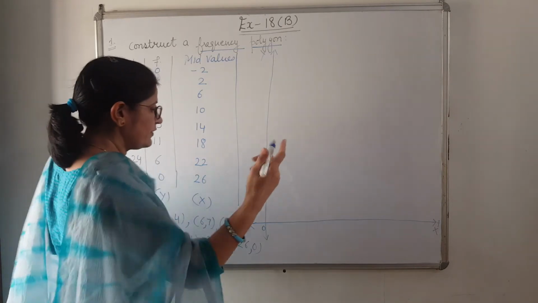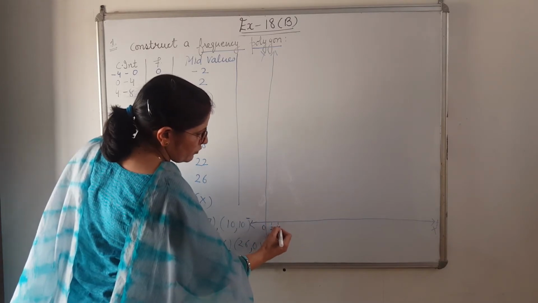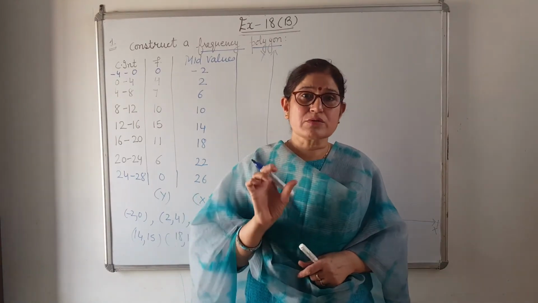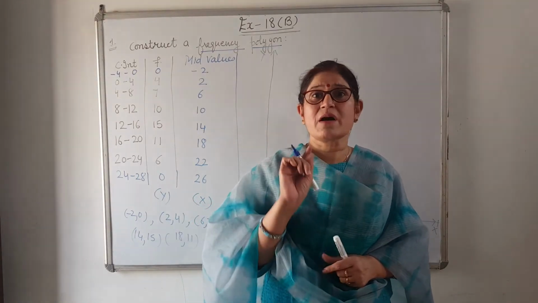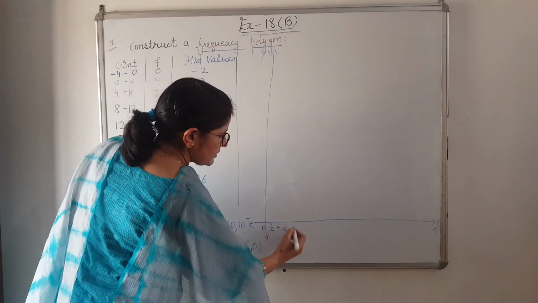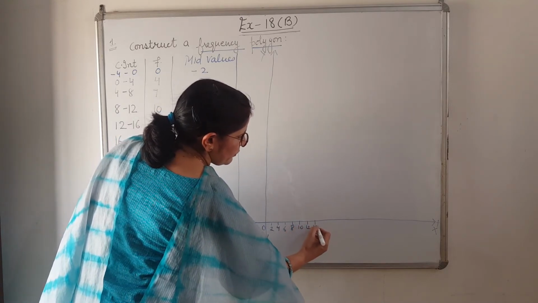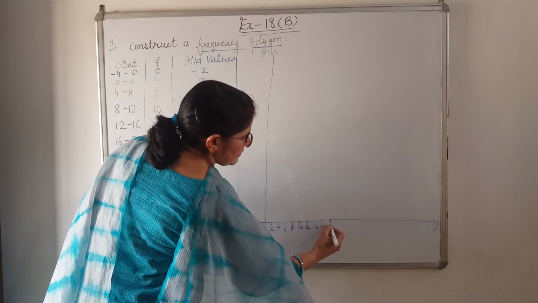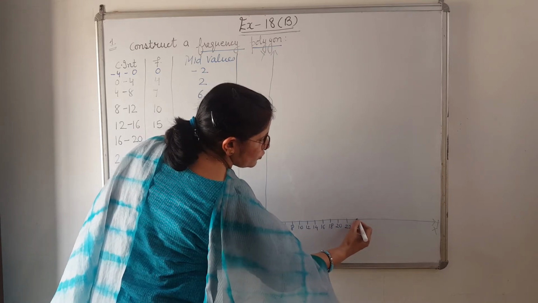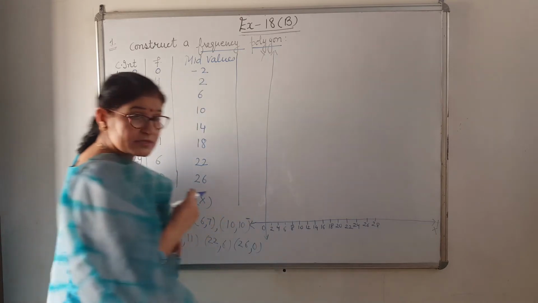So we take small 5 boxes, where dark line to dark line there are 10 boxes, and mark them as 2 units: 2, 4, 6, 8, 10, 12, 14, 16, 18, 20, 22, 24, 26. Like this you take the points.